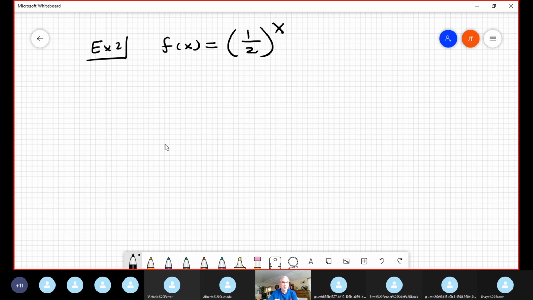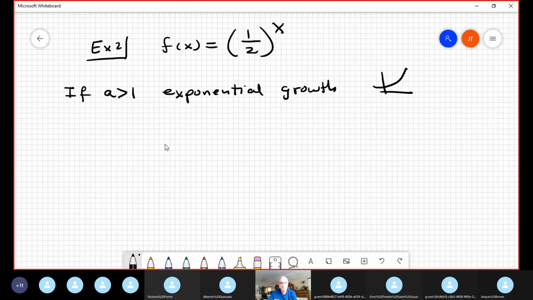You remember, I explained one moment, if the base is bigger than 1, it's exponential growth, because the function is like that, increasing. However, if the base is in between 0 and 1, a fraction, it's exponential decay.